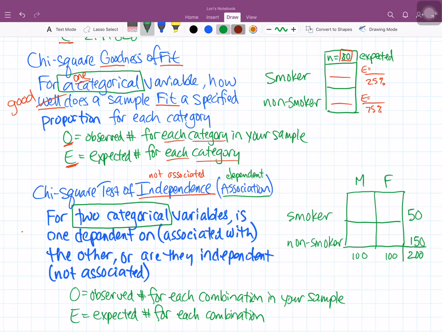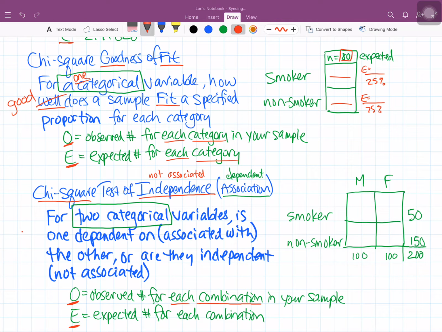And not surprisingly, since we have a chi-square here, we use the same math behind the scenes, except there's a little bit of a difference here. For the chi-square test of independence, we want the observed number for each combination in your sample.